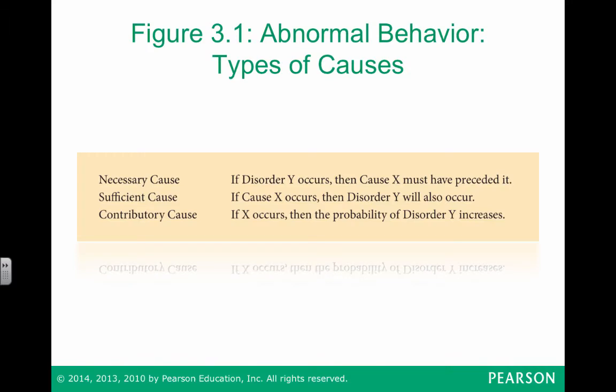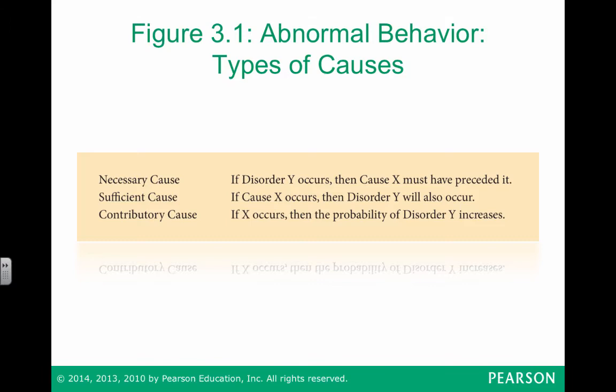When we talk about a necessary cause, if disorder Y occurs, then cause X must have preceded it. So therefore, cause X is necessary for disorder Y to occur. With sufficient cause, if cause X occurs, then disorder Y will also occur.